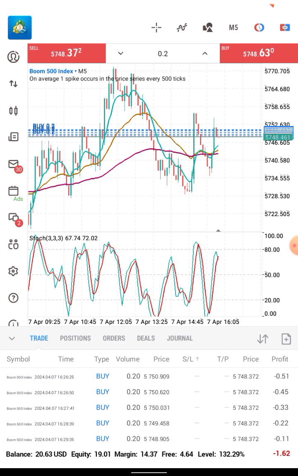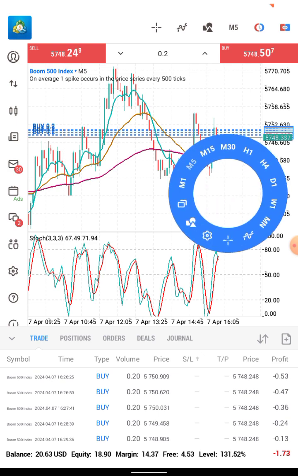Okay, so on 5 minutes, another candle is forming. Let's see what the market is going to do.